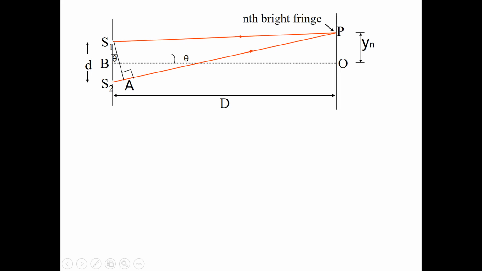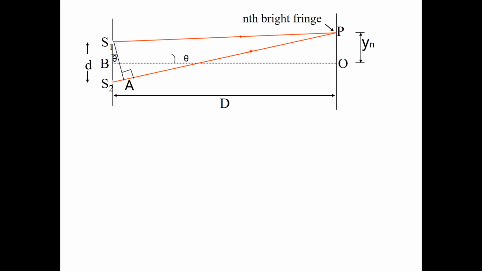Therefore, the path taken by the wave from S2 to P is longer than the path from S1 to P. We assume that the two rays are almost parallel because the distance from the two slits to the screen is large compared to the small d, which is the distance between the two slits.